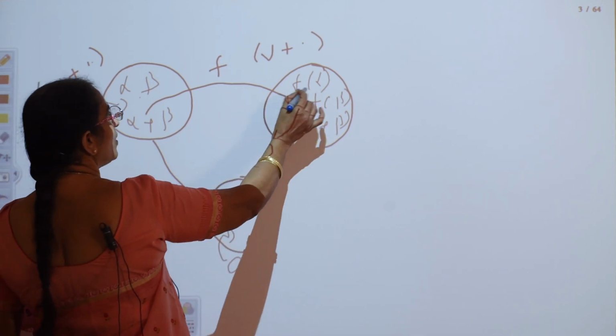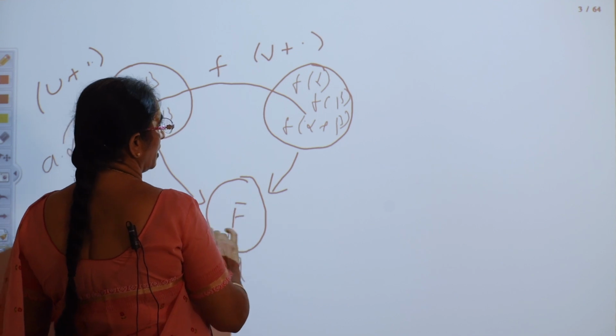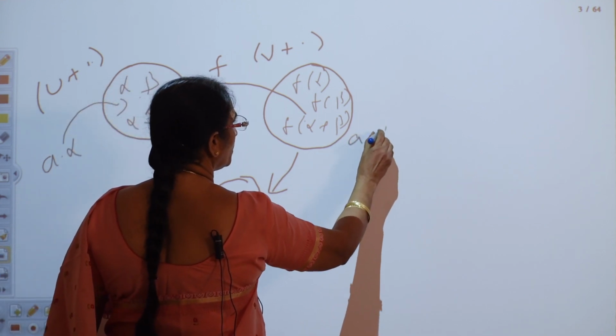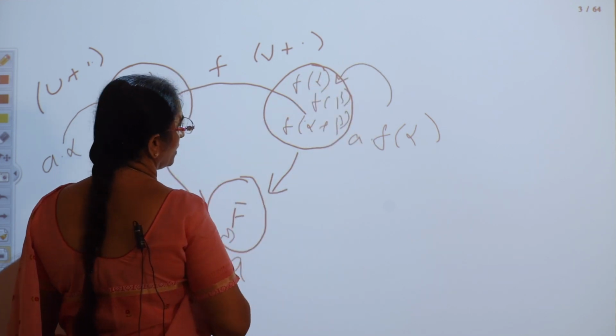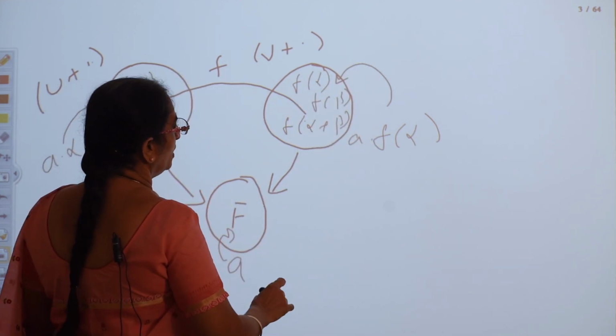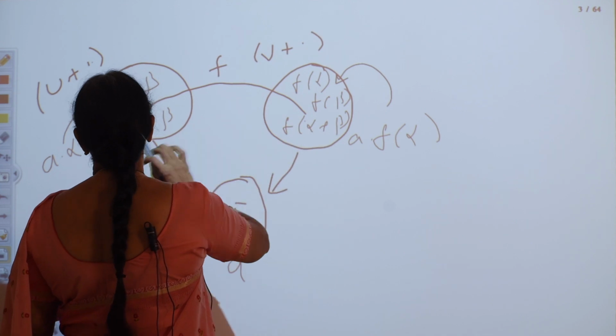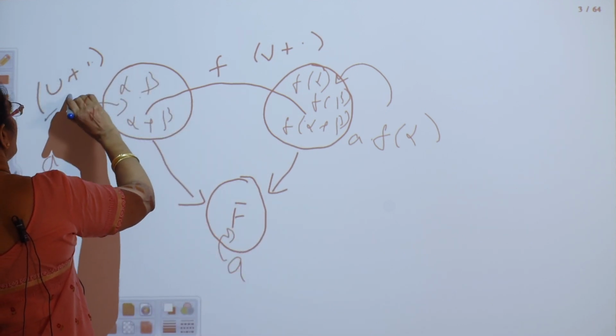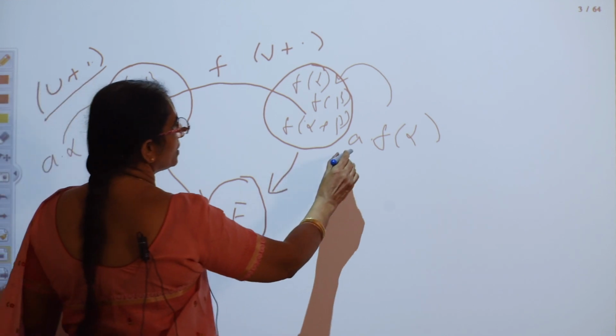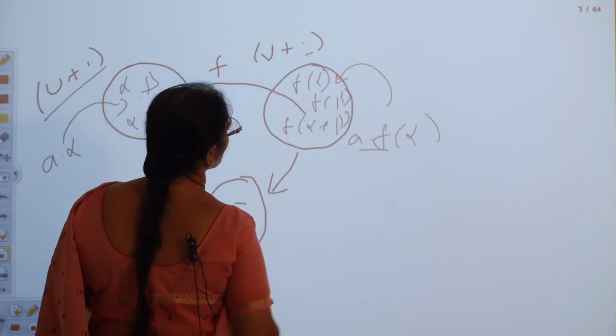Here, f of alpha is in V and a is in F, so a dot f of alpha will also be in V. See here, this dot is different from this dot. This dot is the scalar multiplication of U. This dot is the scalar multiplication of V.